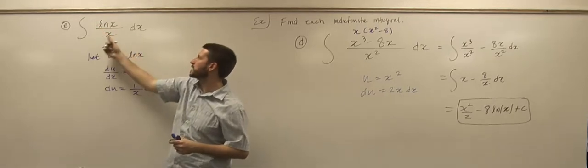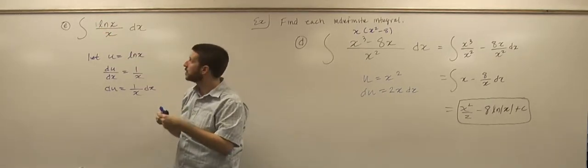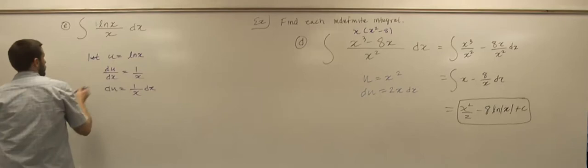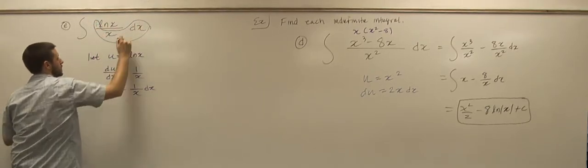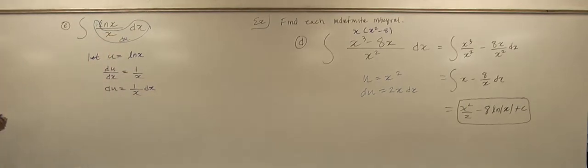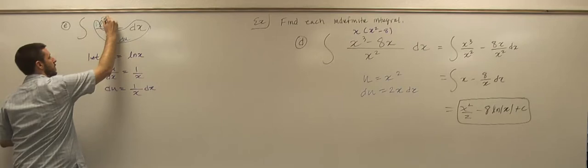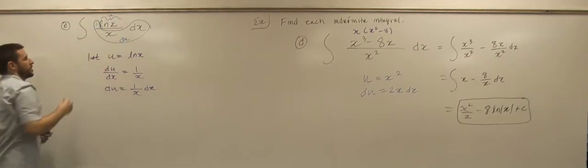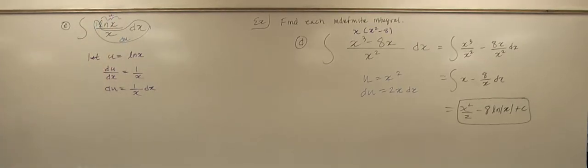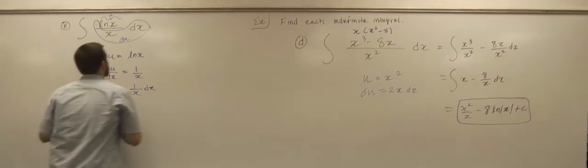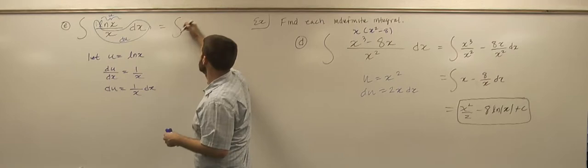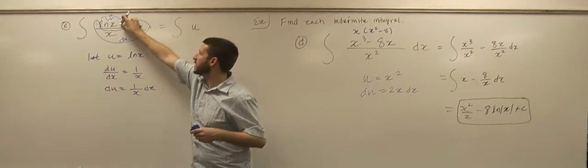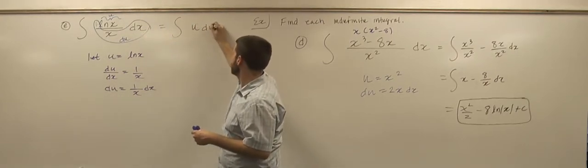You have 1 over x dx, so all of this is my du, leaving only ln x, or u, left on top. So this equals the integral of u du, because that's all that's left.